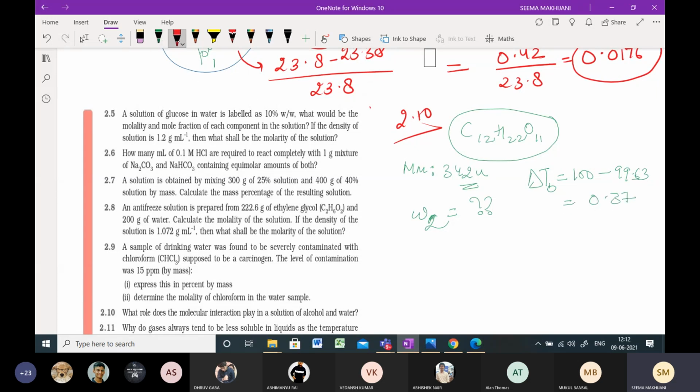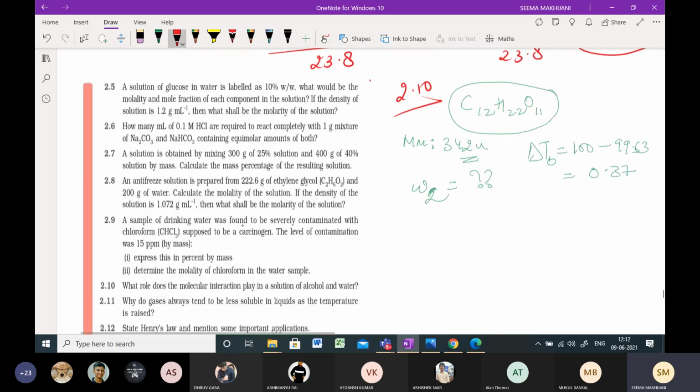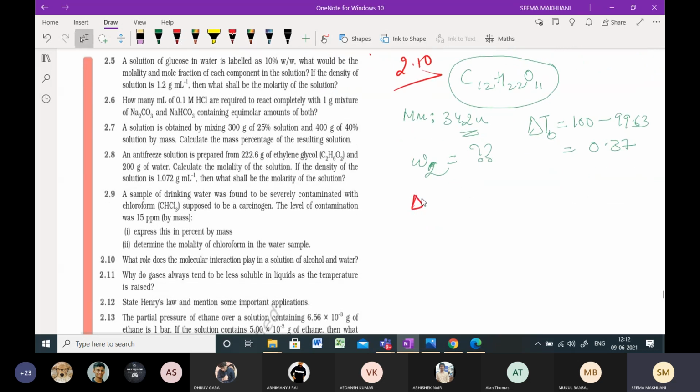Let's write down the formula required. The formula required for this question is delta TB is equal to Kb, which is also provided in the question, into molality. Now instead of molality, you will substitute the values. Molality is moles of the solute, weight of solute upon molecular mass of solute, divided by the weight of the solvent to be taken in grams, and actually it is required in kg, that is why you have 1000 in the numerator.